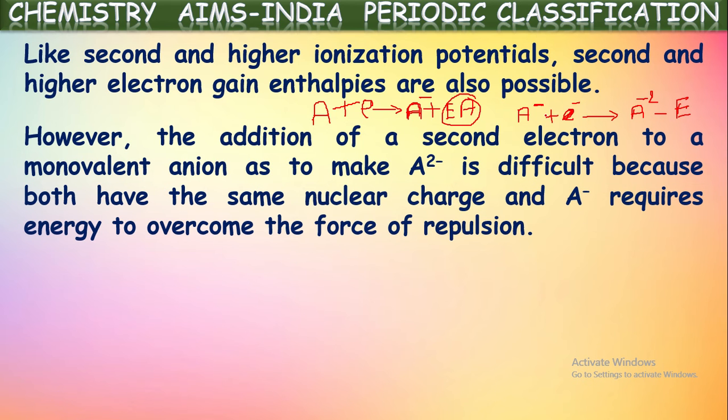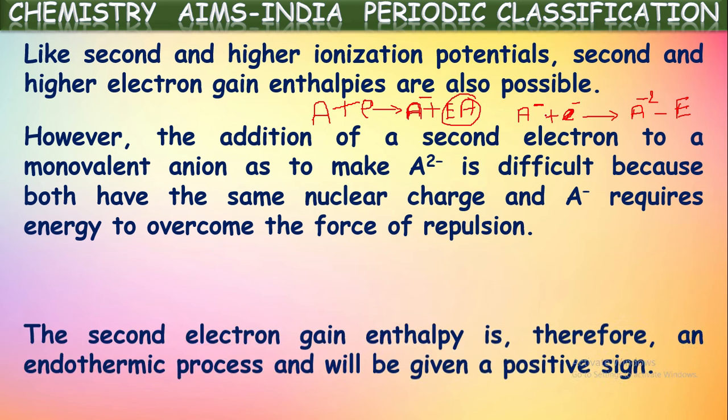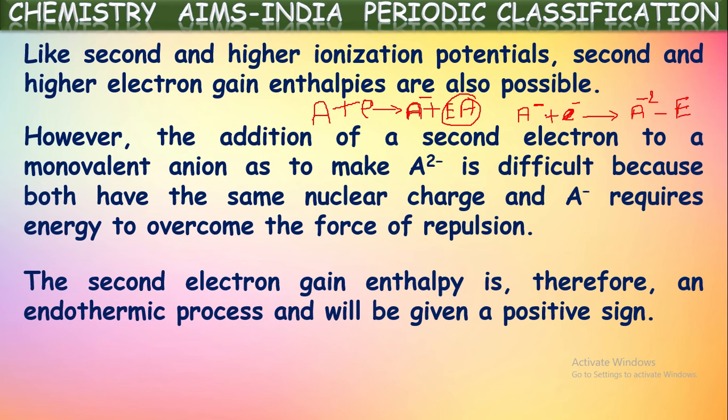That is why we say second and higher electron affinities are endothermic. The second electron gain enthalpy is therefore an endothermic process because it requires an amount of energy to hold these electrons, and it will be given a positive sign while representing the equations.